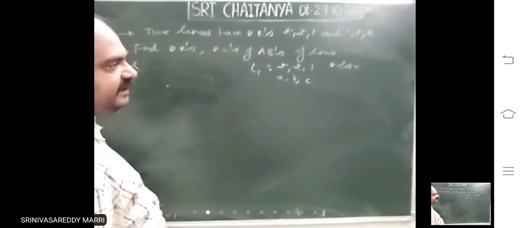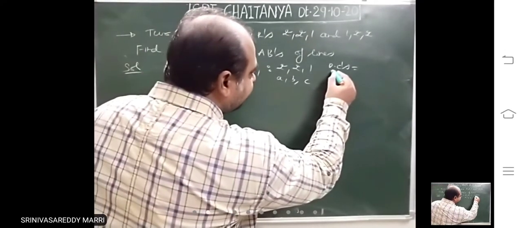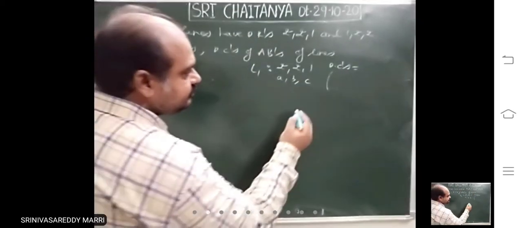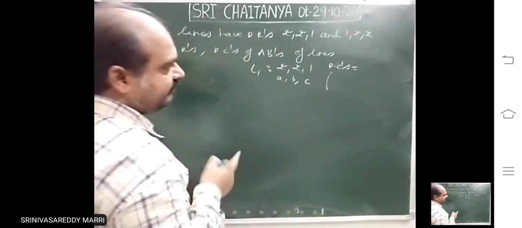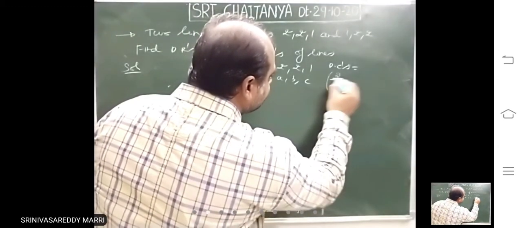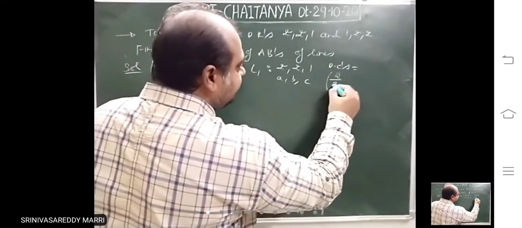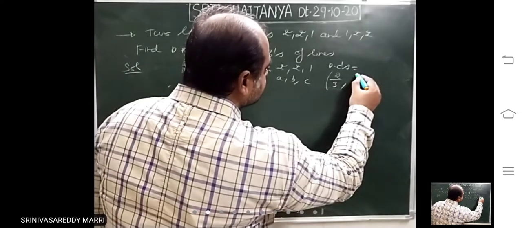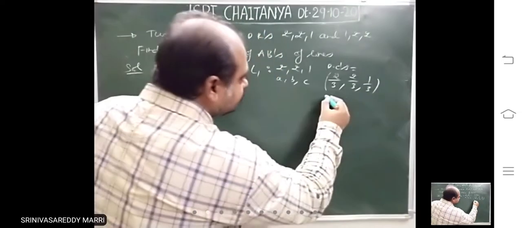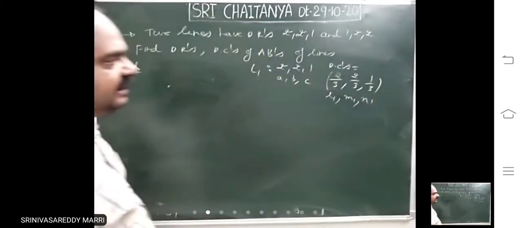Plus or minus A divided by root of A square plus B square plus C square. That formula is for L1 only, not for A1. You take plus. What will you get? 2 divided by root of 4 plus 1 plus 4, that is 3, so 2 by 3, comma, 2 by 3, comma, 1 by 3. So this is L1, M1, N1 in the formula, the DCs of L1.